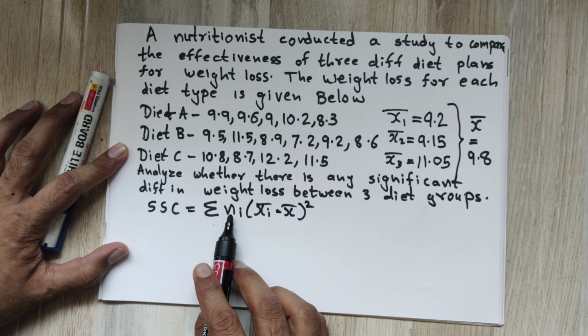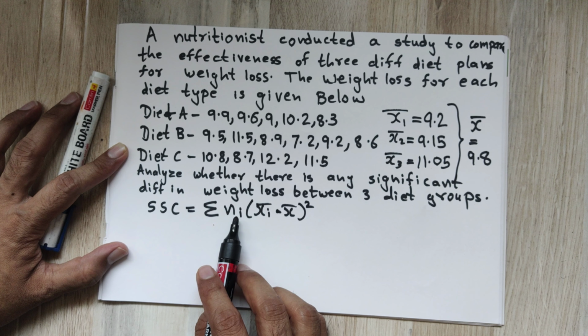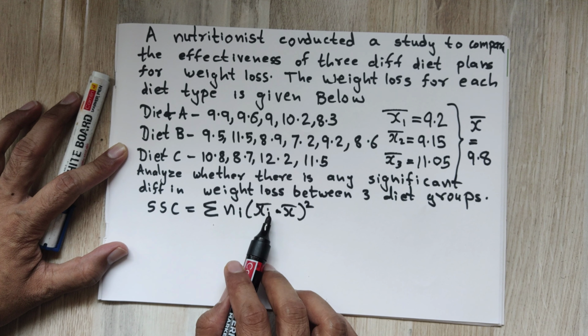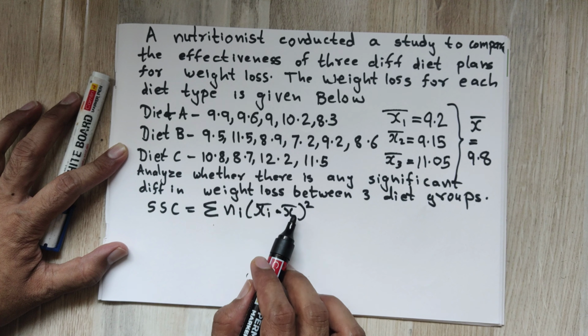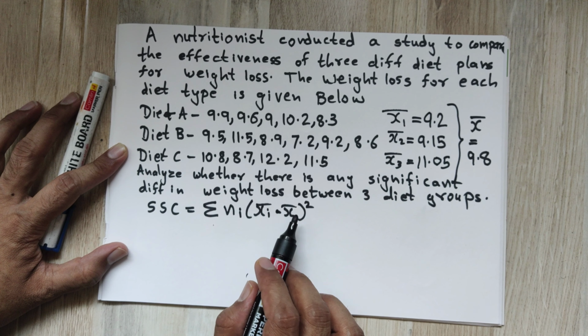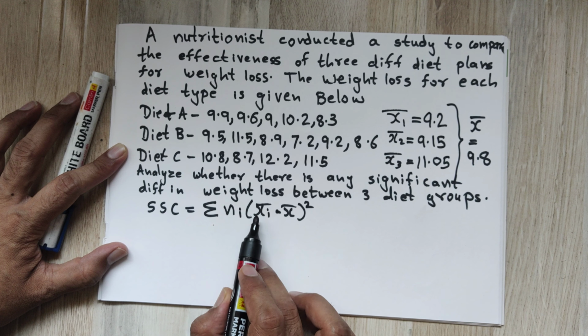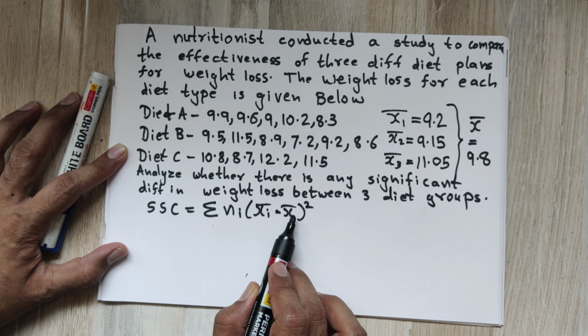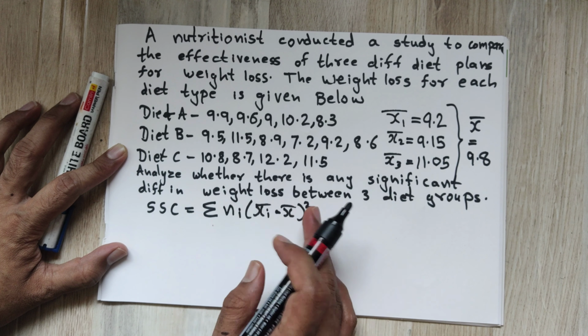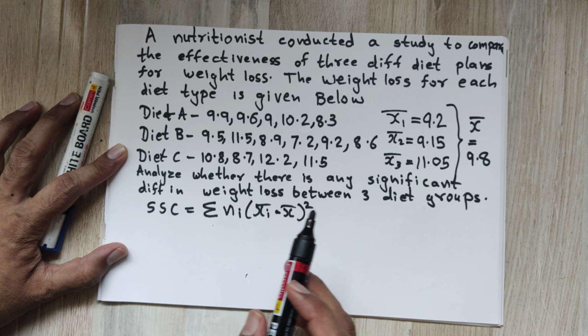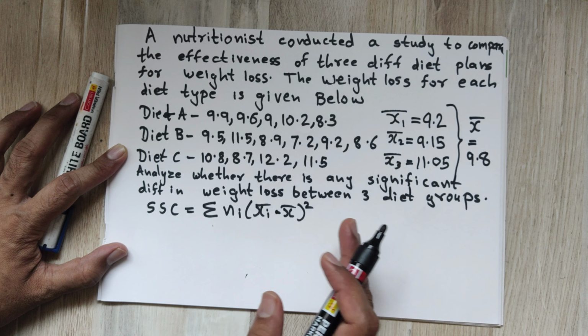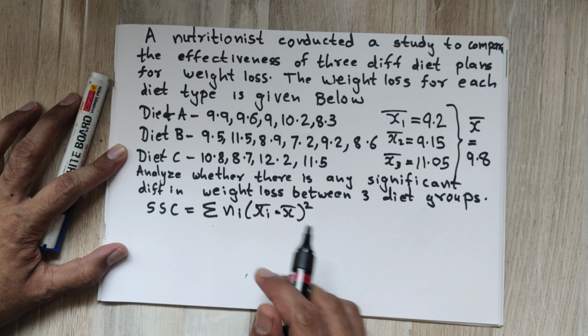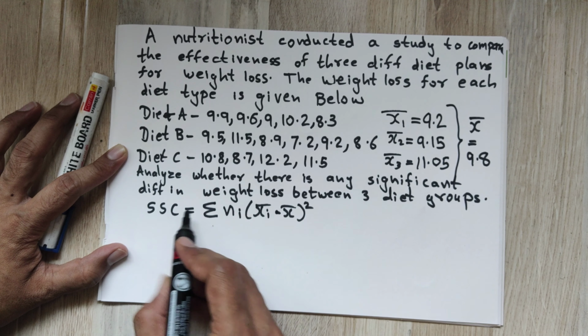Here ni represents the number of data points in the sample, xi bar represents the sample mean, and x bar is the grand mean. So we are taking the variation of the sample means from the total data, checking the variation between the samples. What is the meaning of variance? We find the variation of our data from the mean, and the same thing we are doing here.